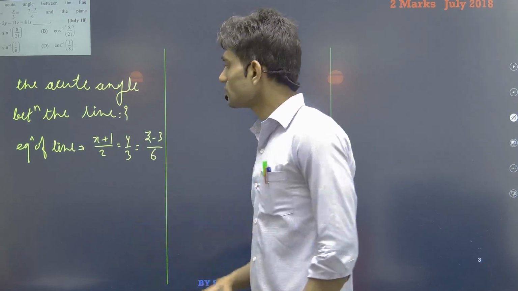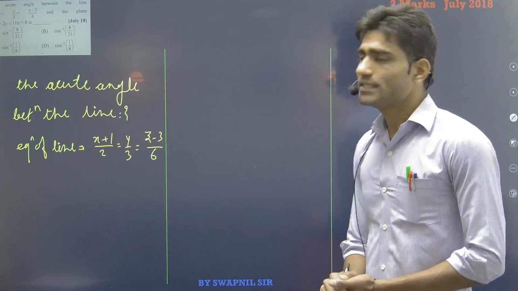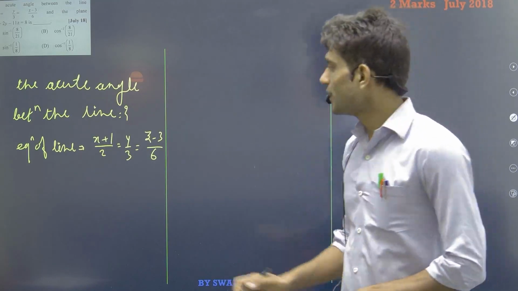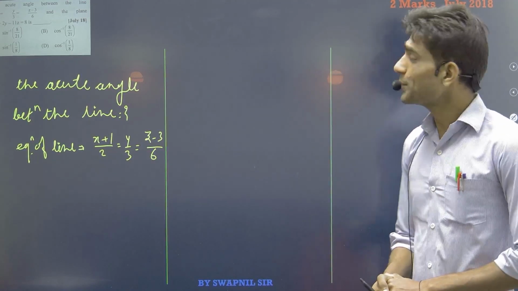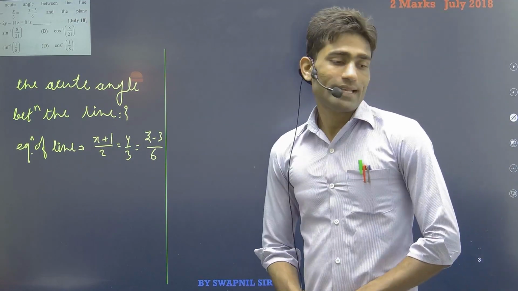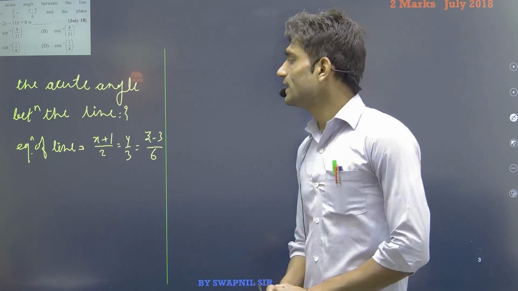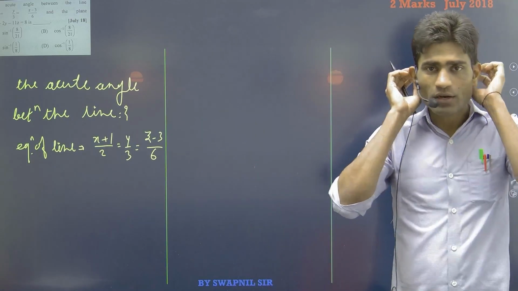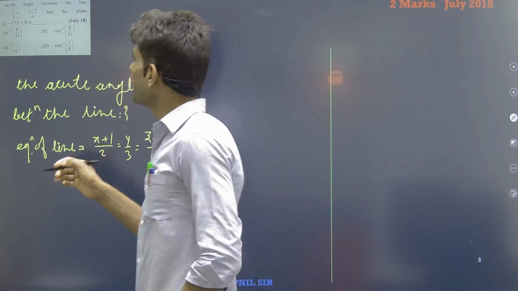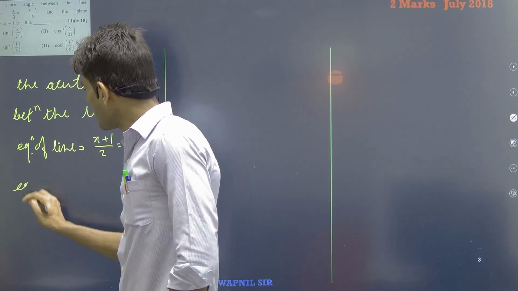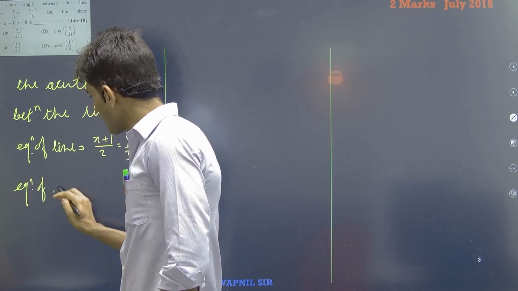Okay, this one is the equation of a line given here. And after that we have been given the equation of a plane.